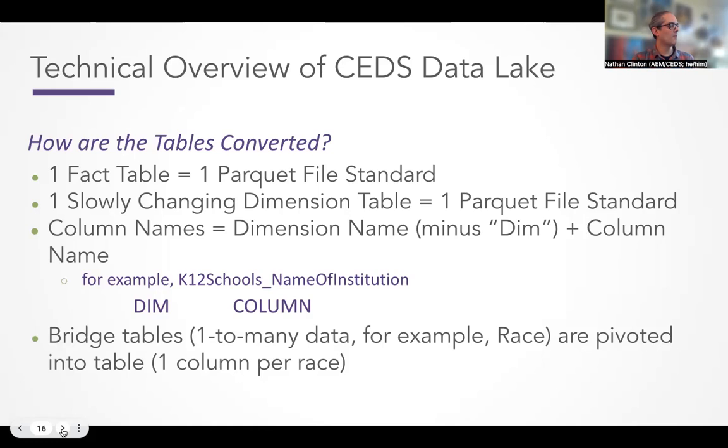There are also several bridge tables in the CDS SQL star schema data warehouse, which allows for one-to-many data relationships. So for instance, a student can have identified as multiple races or have multiple disabilities. To bring that into the Parquet format, we bring that in as a pivot.